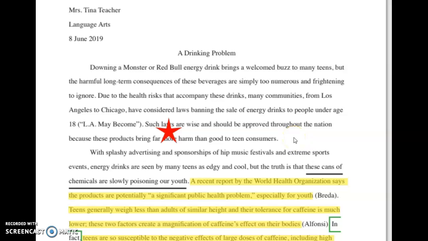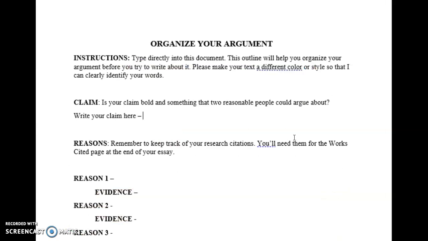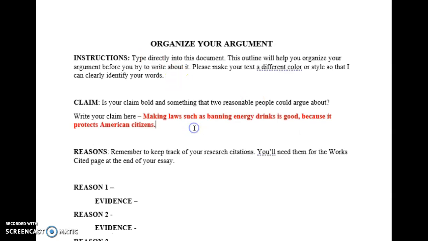The claim said such laws are wise and should be approved throughout the nation because products bring more harm than good to teens. Again, talking about energy drinks and kids drinking those. So let's go back and put that onto our argumentative essay. Making laws such as banning energy drinks is good because it protects American citizens. So that is what her claim is. Making laws against energy drinks is a good idea.